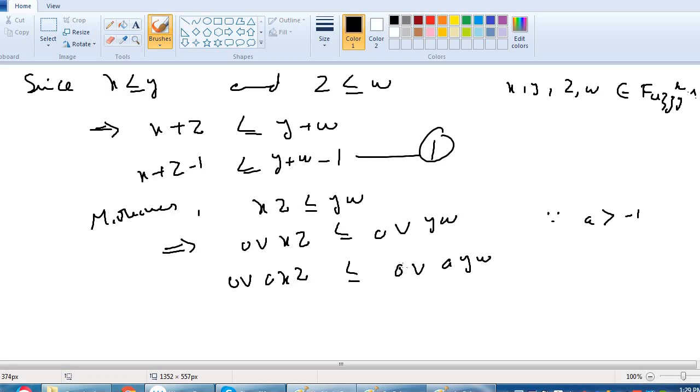In this formula, if we multiply with a, and a is a negative number, then our answer will be 0, because we are taking union with 0. 0 union xz means that number cannot be less than 0, and here yw also cannot be less than 0. If it is going to be less than 0, then we will make it 0. So if the number becomes negative, both sides will become 0.